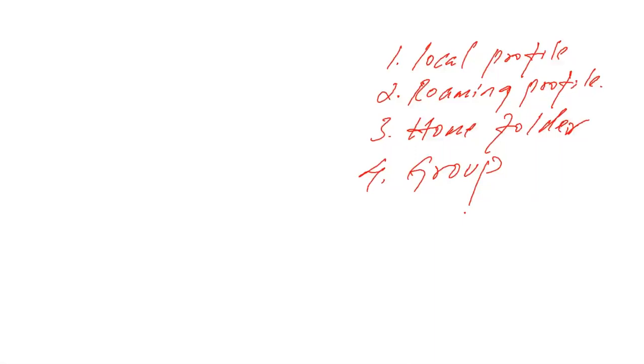Now before going to group, the question is what is the difference between roaming profile and home folder? Already we discussed it in the session. Now tell me first, I will make the correction. In an interview they will ask this question, sir, what is the difference between home folder and roaming profile? Give me the answer please.